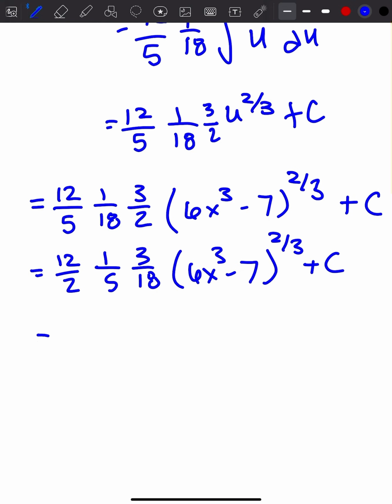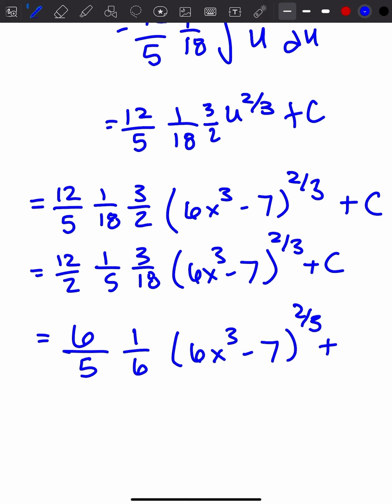Twelve over 2 is 6. And I'm going to put the 1/5 with it. 3 over 18 can be reduced to 1 over 6. And then if I look here, we have a 6 on top, 6 on bottom. So we're multiplying by 6 divided by 6, so we really have a 1/5 here.